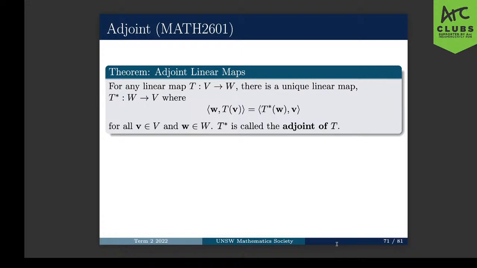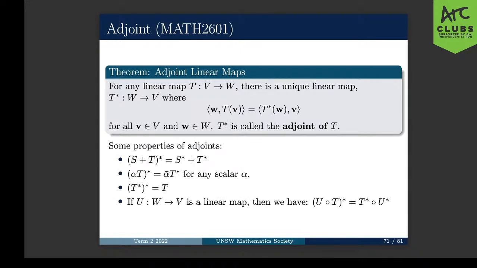So the inner product of W and TV is equal to the inner product of the adjoint of W with V. Like taking the T out and applying it to the other one. And so yeah, we just call T star the adjoint of T.